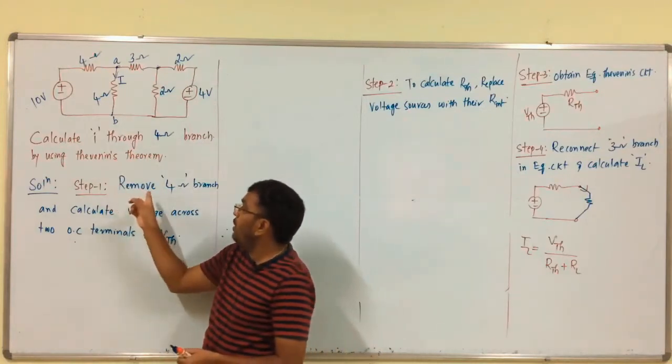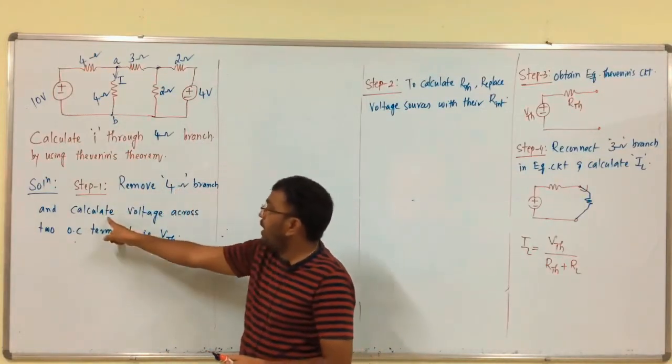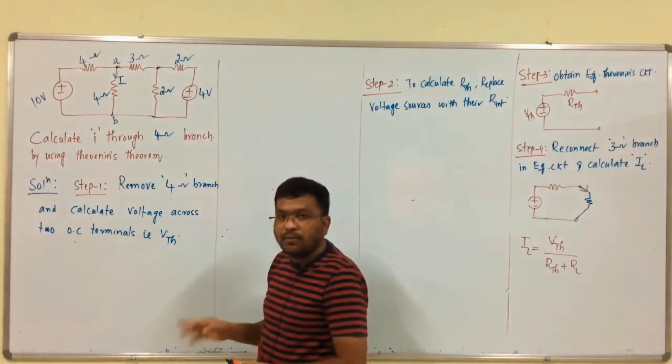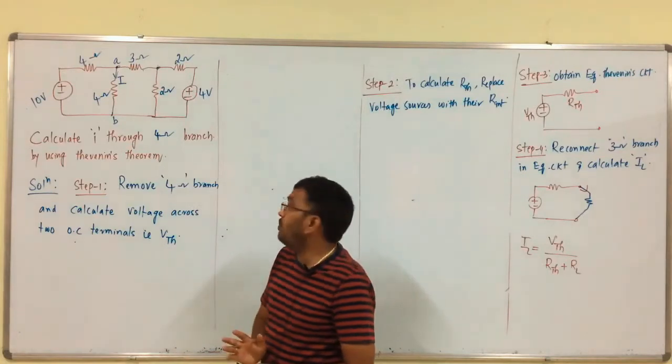And what is step 1? Remove the 4 ohm branch and calculate the voltage across the two open circuit terminals, that is VTH. The procedure is the same for every problem.